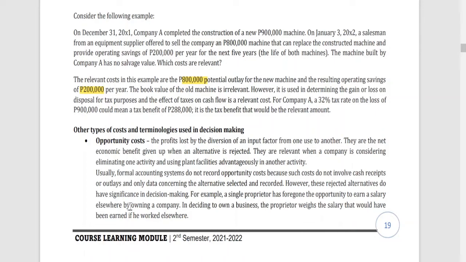So kay nipili man ka nga mahimong empleyado, gipili man nimo to work for a company and not start your own business. You lost, di ba? The opportunity lost there is katuuntang profit, okay? Profit nga ma-earn nako kung nagtukod pa kog ako ang business.